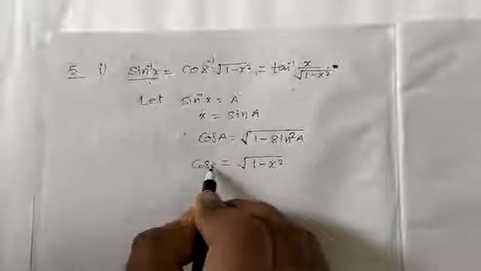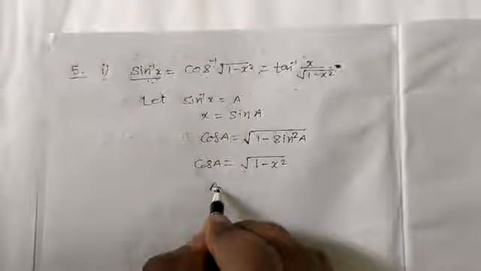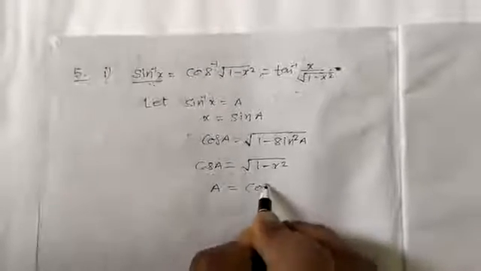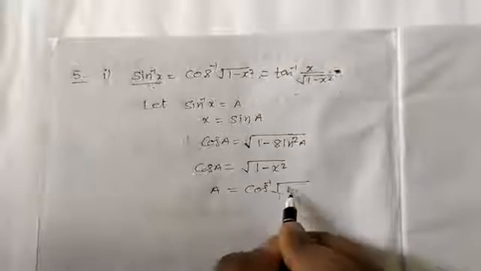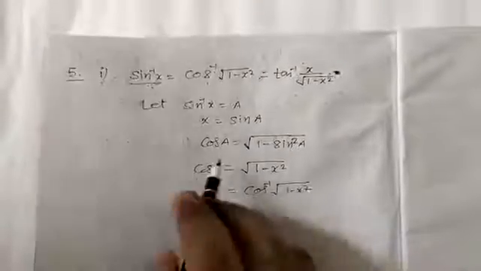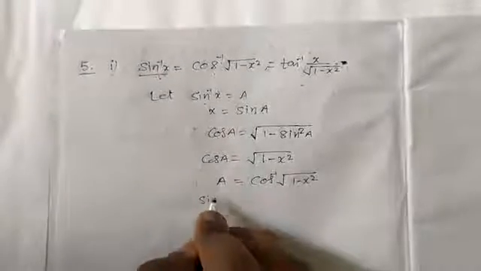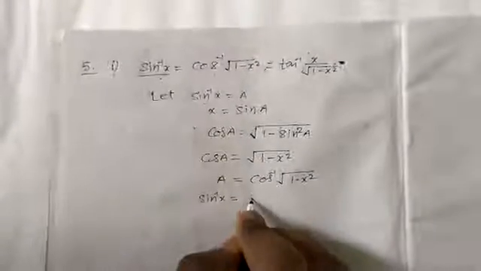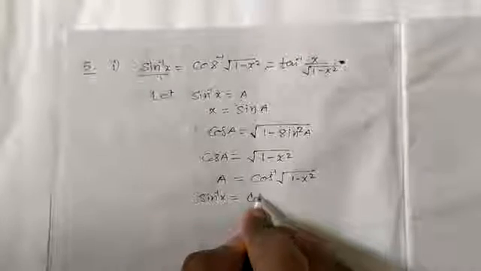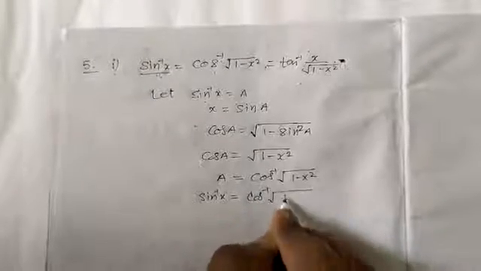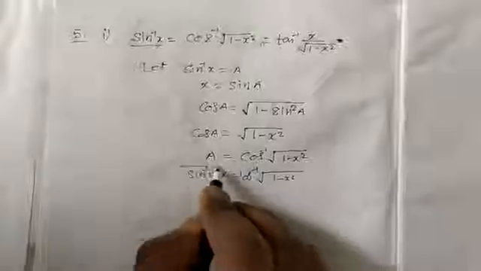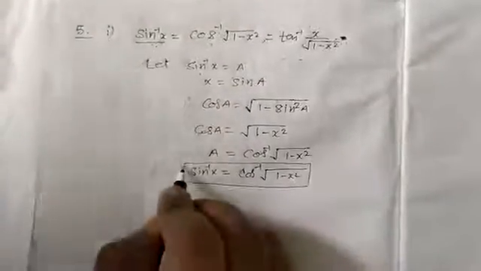This is cos A. So you can write A is equal to cos inverse under root 1 minus x square, and the value of A is here sin inverse x. Now substitute: sin inverse x is equal to cos inverse under root 1 minus x square. By this method you can convert.